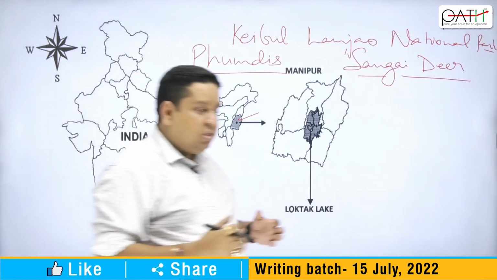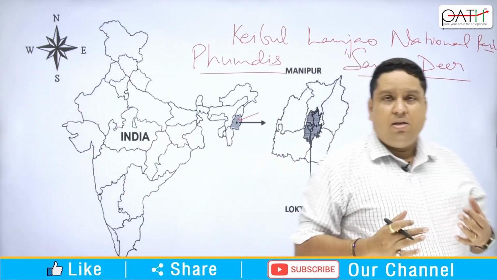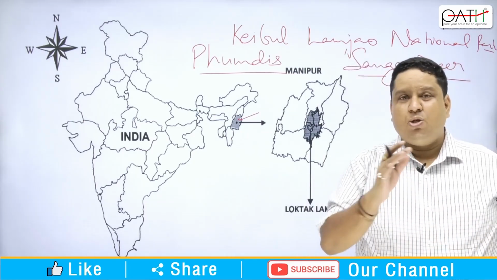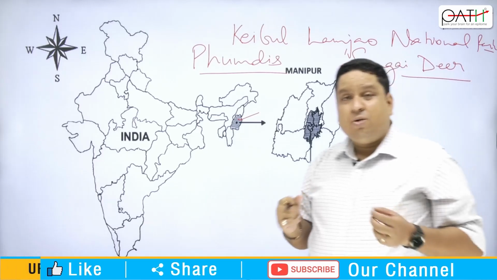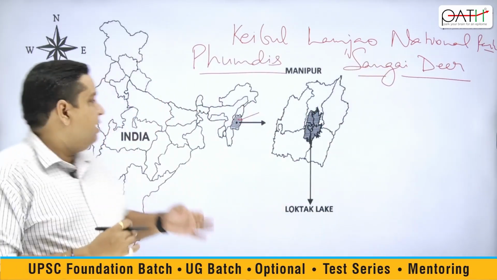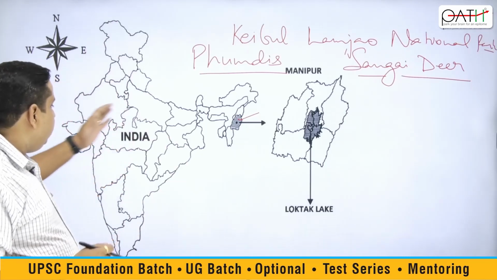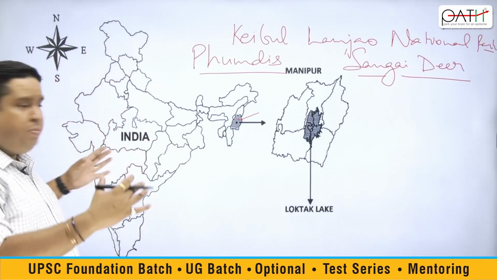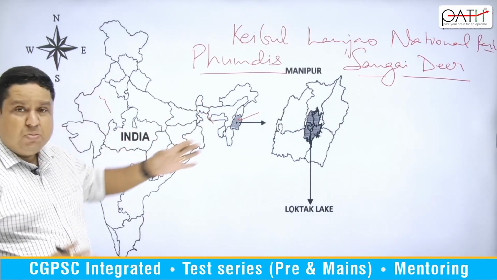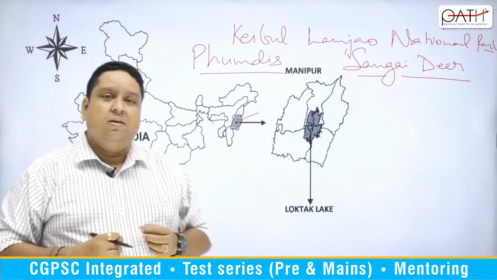Next time onwards, when you're studying especially the northeastern regions, remember that UPSC examiners are very well aware that a student preparing for UPSC will be good with these things, because here the land part is quite bigger and you can get a clearer idea. But here you have to focus very deeply.